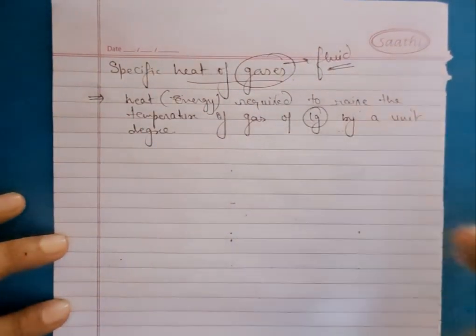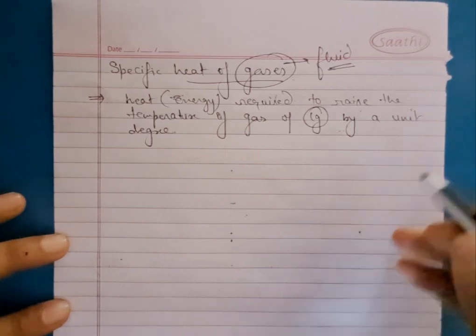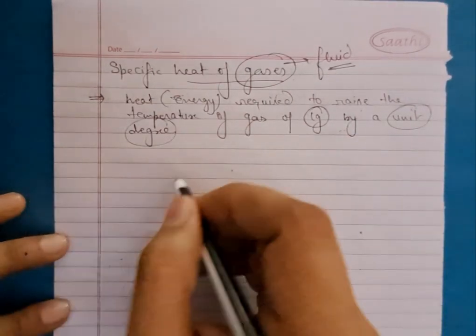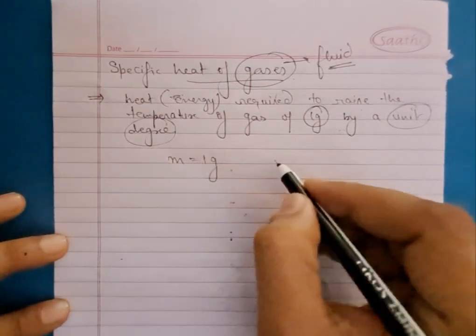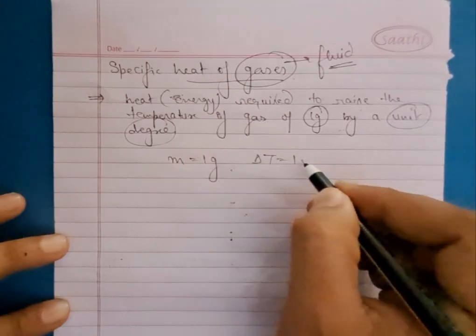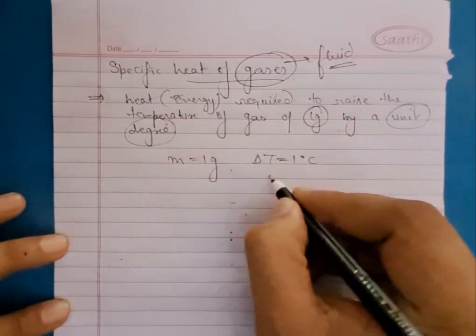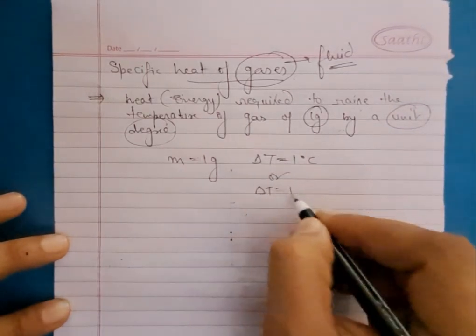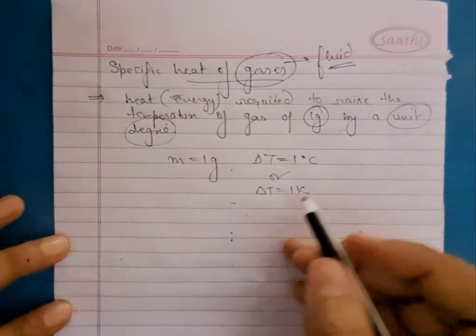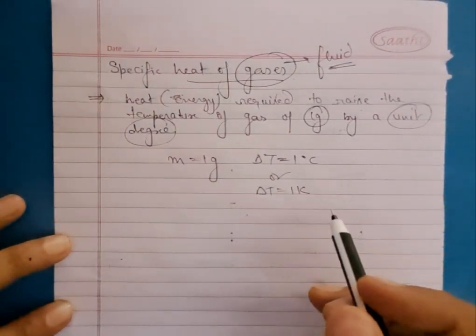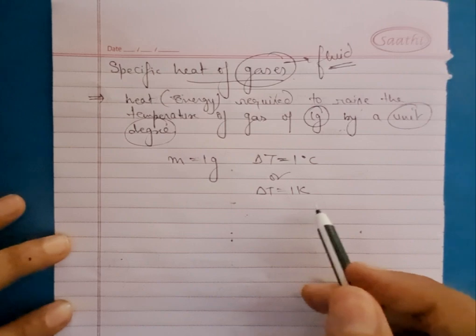That is, the mass is considered to be 1 gram and the temperature change delta T is 1 degree Celsius, or delta T would be considered as 1 Kelvin. Why can delta T be written as 1 degree Celsius or 1 Kelvin?